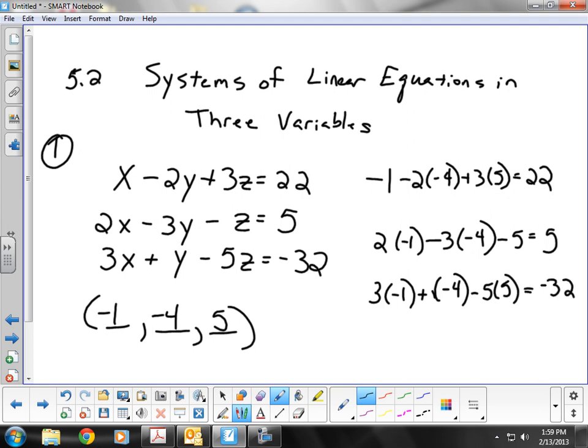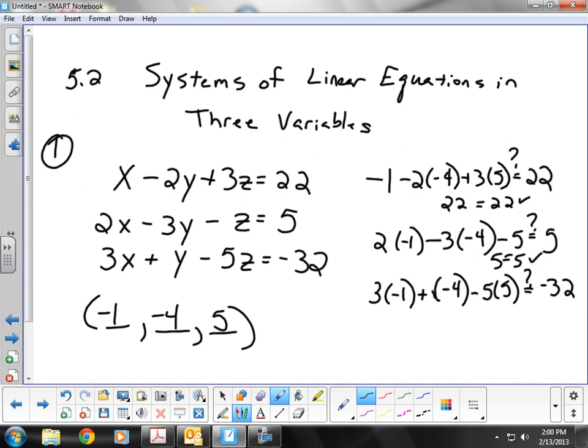I got that all written down correctly. And so now, remember, I am checking to see if this is actually equal. That's what I'm doing. The first one's good. So we get 22 is equal to 22, so that one works. And I got -2 and +12 gives me +10 minus 5, so this one works.